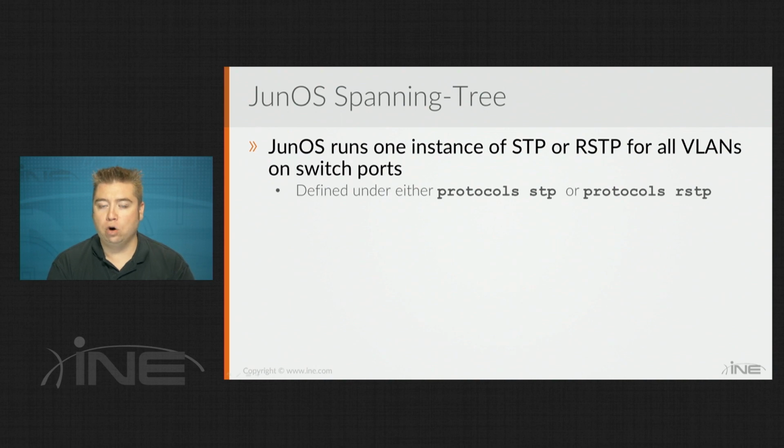Likewise, in the Cisco world, depending on the particular platform, most of the newer boxes only support rapid PVST. For example, Nexus and some of the newer Catalyst lines are also going to be running RSTP by default, but on a per VLAN basis.